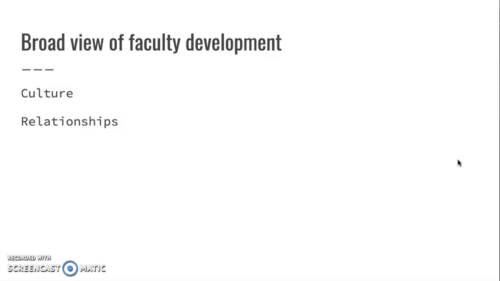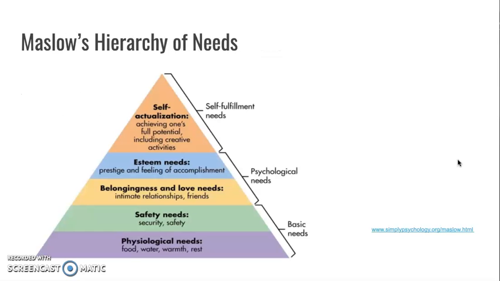I like to take a really broad view of faculty development. I think in the community college setting in particular, we really need to be thinking about the culture and about forming those relationships, because community college faculty have unique pressures and limited resources, and so as faculty developers, we really need to think about them as whole people.